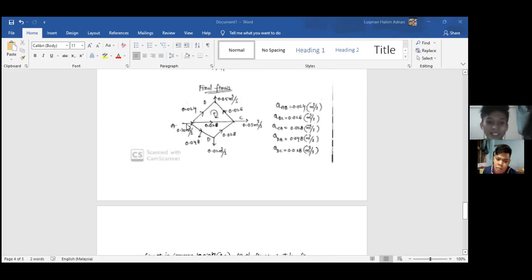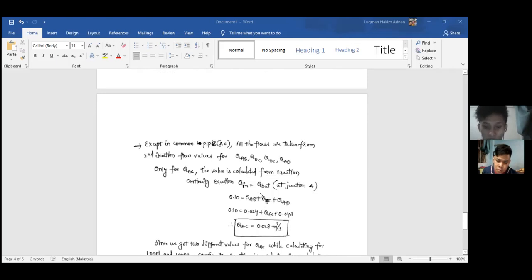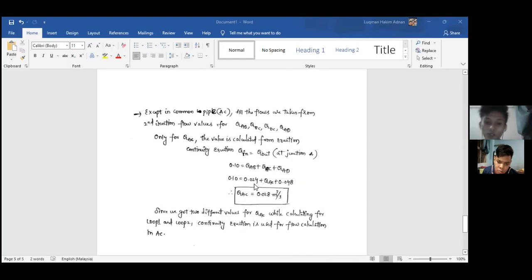At junction A, Q in is 0.10, equal to Q out, which is QAB plus QAC plus QAD. We substitute the values: 0.10 equals 0.024 plus QAC plus 0.048. QAC is the one we need to find, and simplifying, QAC is equal to 0.028 meter cube per second.